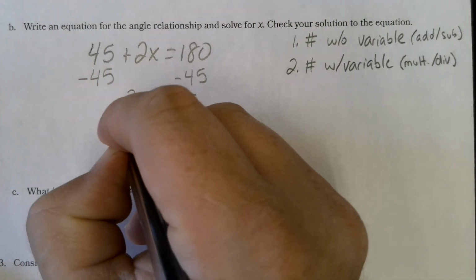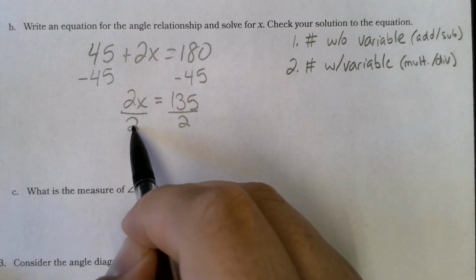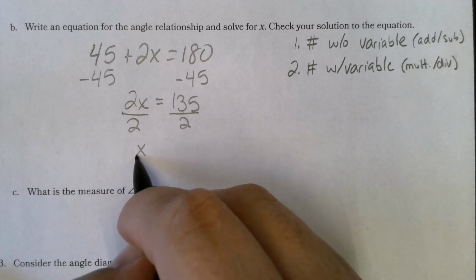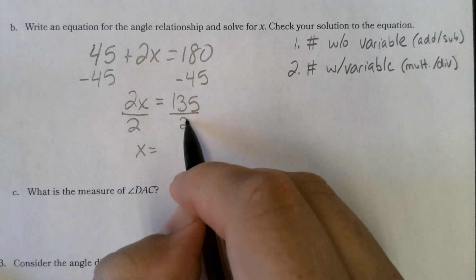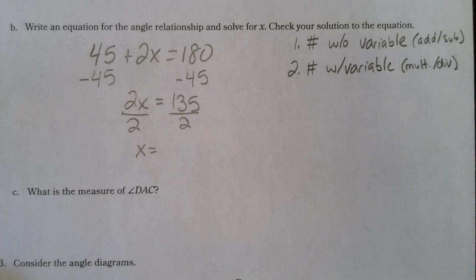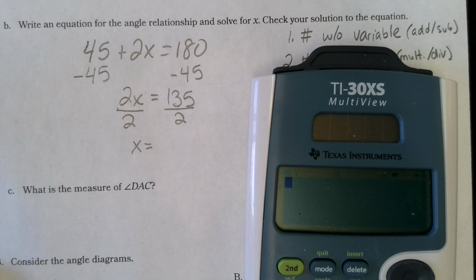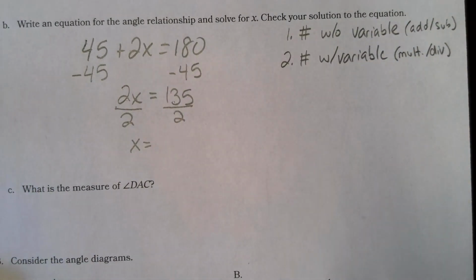So when we divide both sides by 2, 2x divided by 2 is 1x, or just x. And then when we take 135 divided by 2, and it's acceptable right here to use a calculator, we're going to have 135 divided by 2, which is 67.5.